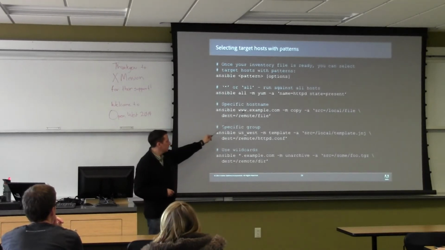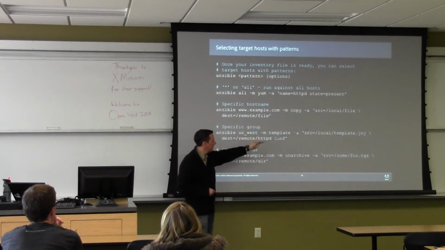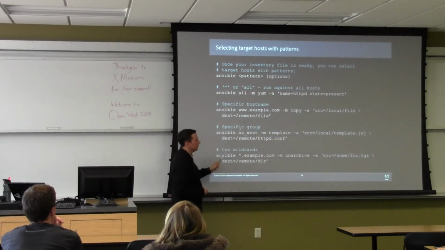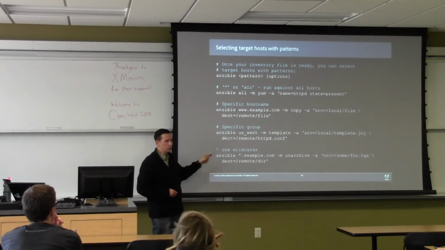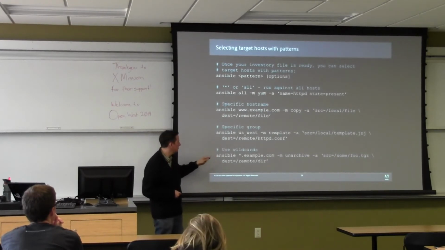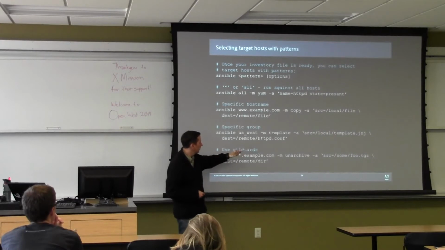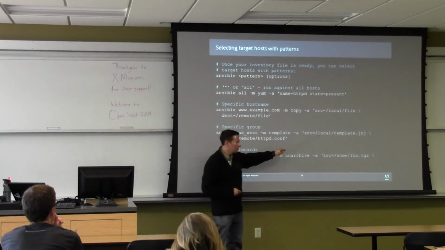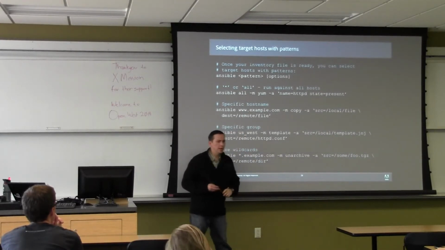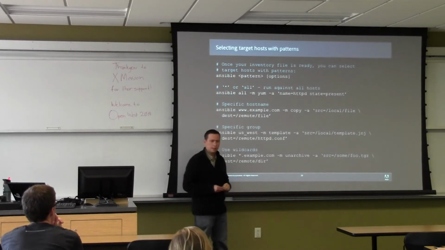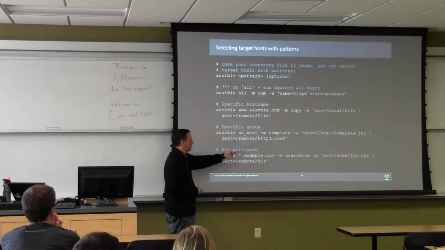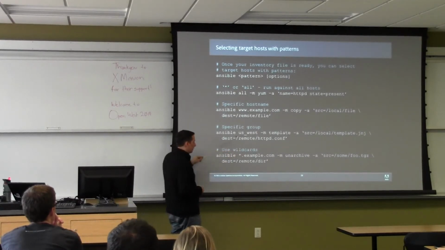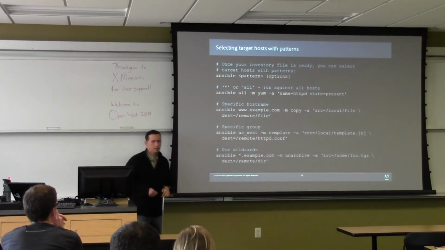You can do a specific host name, and it says copy this local file out to this remote file. Do that on whatever host you specify. You can do a specific group that we saw in the inventory file, US West. Invoke the template module, use this local template file. Ansible uses Jinja 2 as its default templating engine, and then make it interpolate the template and write it to that file there as the destination, right?